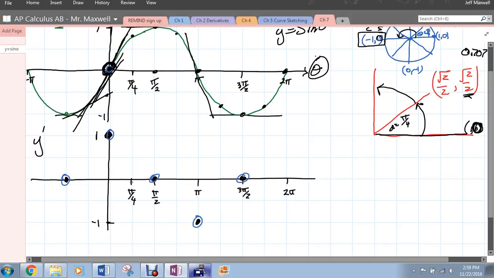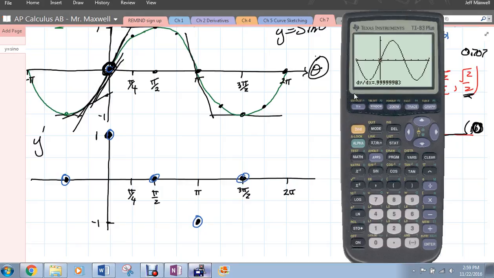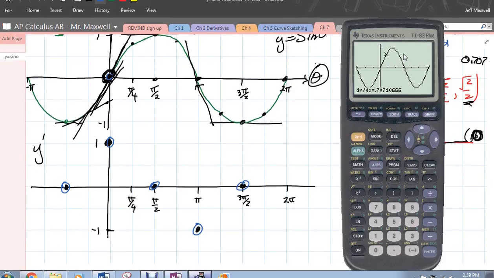All right. What about pi over 4? So if we go second function, let's try this way, 6, and then we go pi over 4. Let's put in pi divided by 4 to be as exact as possible.